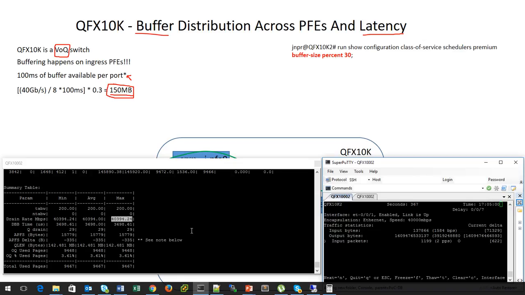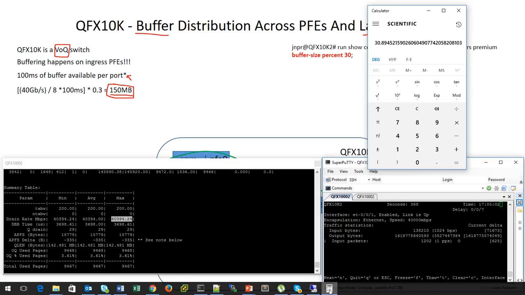So let's now use a calculator and quickly assess how much time it would take to drain this queue with this rate and with this number of megabytes of buffer used.